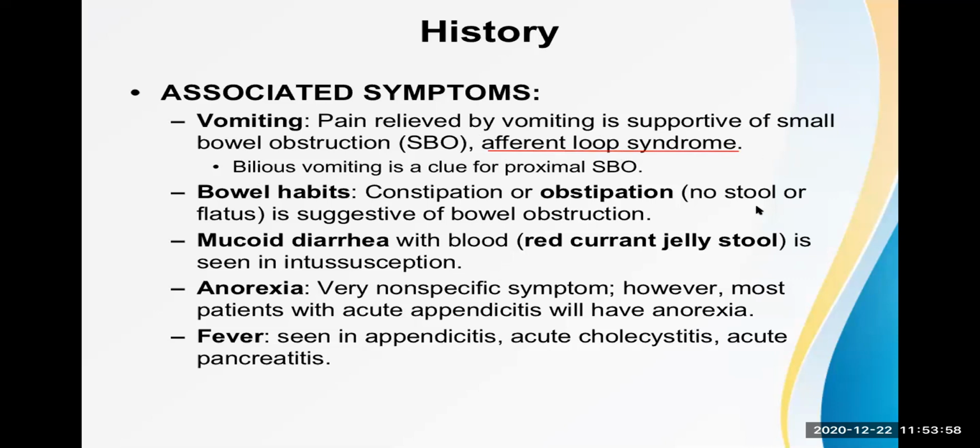Sir, in afferent loop syndrome, when we connect the stomach with the jejunum, then most of the substances which are absorbed through the duodenum, sir, there are other complications. How can we handle this? That's a very good question you have asked. Of course, that is a complication which the surgeon already knows occurs.